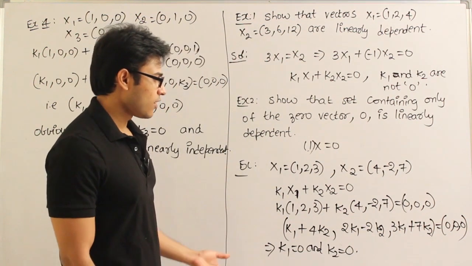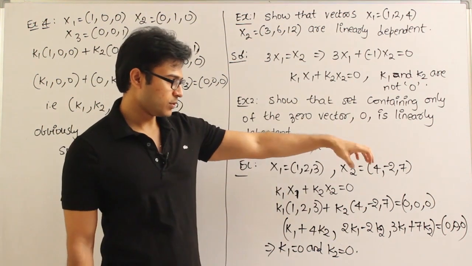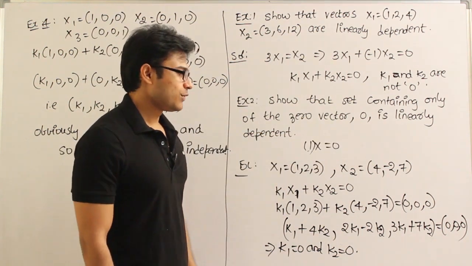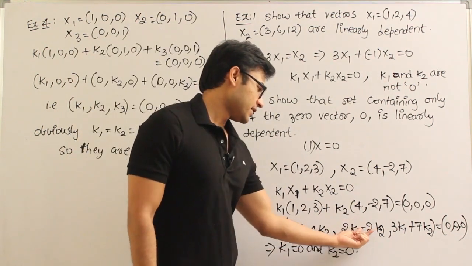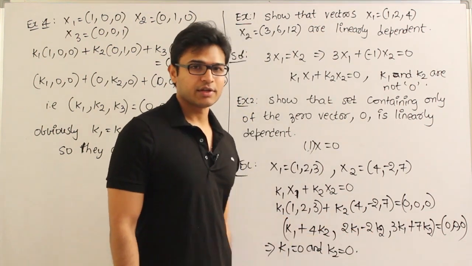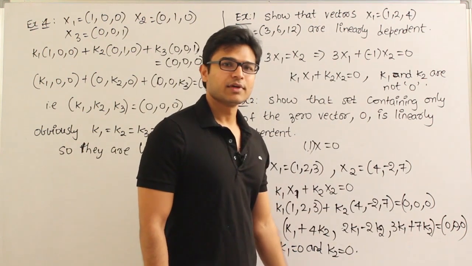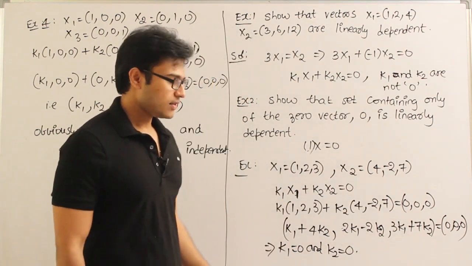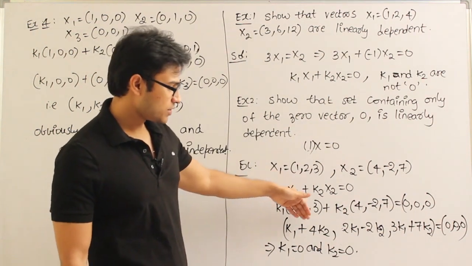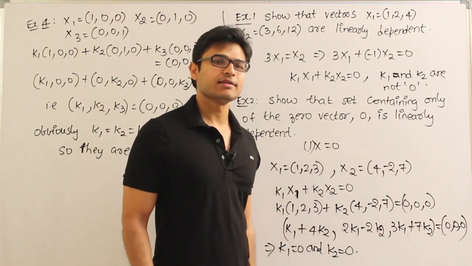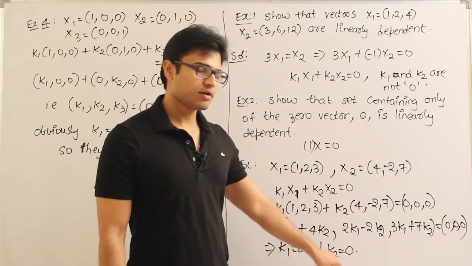Now if you try to solve them by taking any two equations, and whatever result you get, you put it in the third equation, that might not agree. If you solve for k1 and k2 using two equations and put the result in the third equation, that will not agree, which means there will not be any set of k1 and k2 which satisfies all three equations simultaneously, except only one value, which is k1 and k2 being zeros.